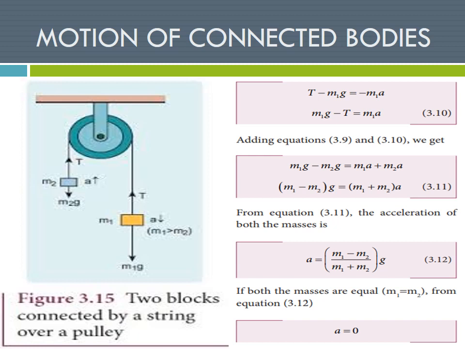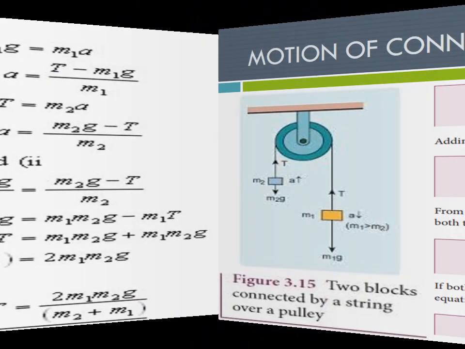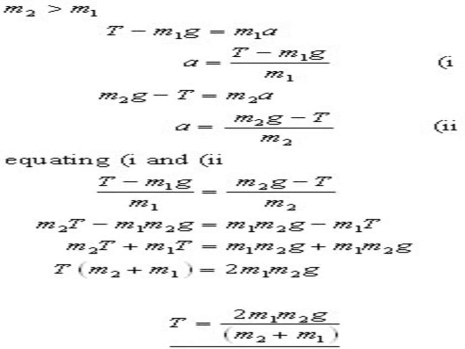So, if both the masses are equal, the acceleration is equal to 0. Okay. Now, if the mass m2 is greater than mass m1, okay, what happened? T minus m1g equal to m1a.